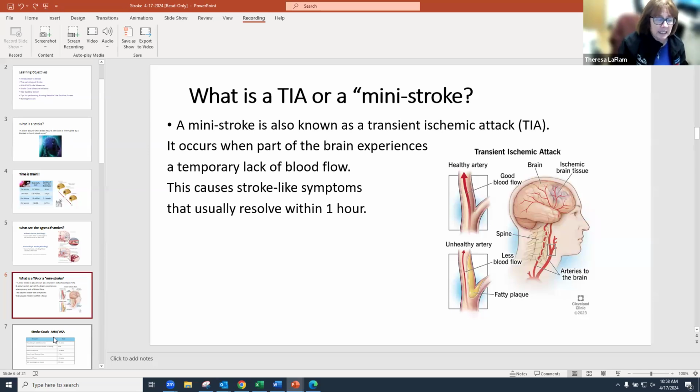And the main data point that we teach them and we explain to them is that 80% of all strokes can be avoided, prevented, if you find out what your risk factors are and you address them. Is it high cholesterol? Let's go on medication, fix the diet, exercise.